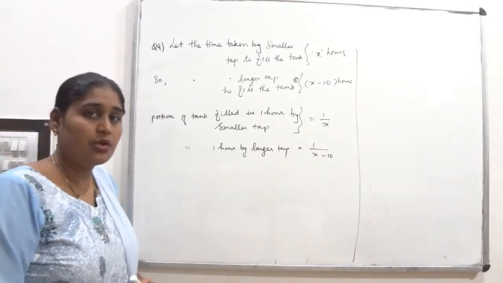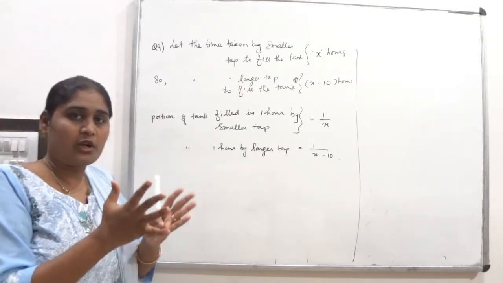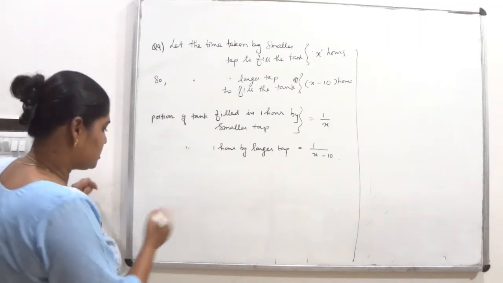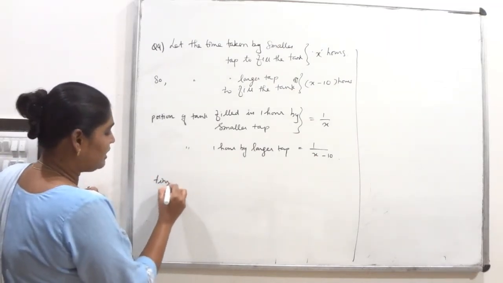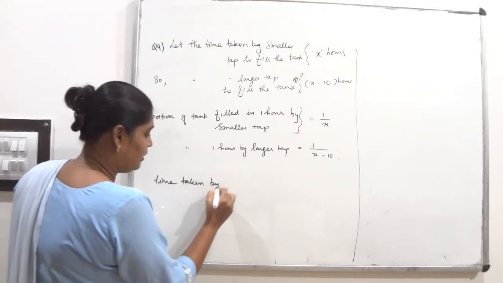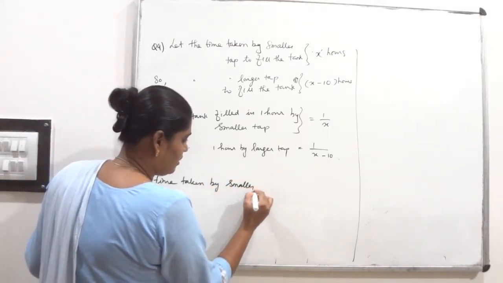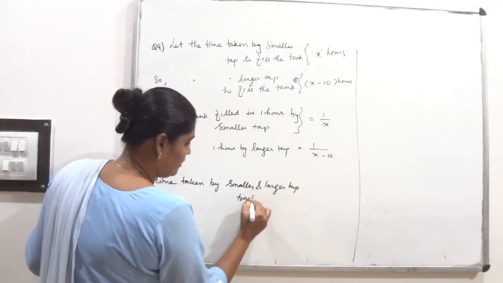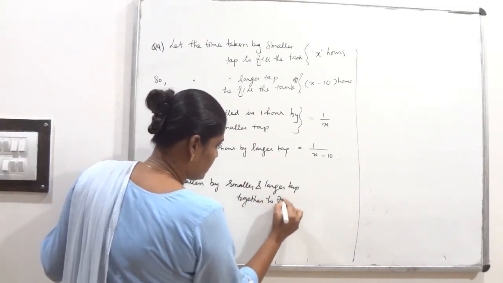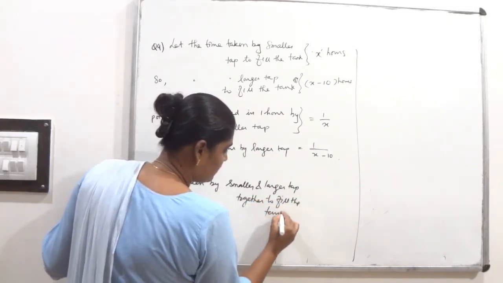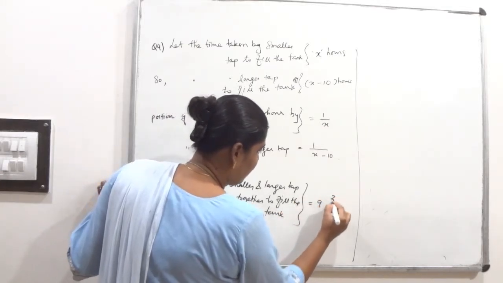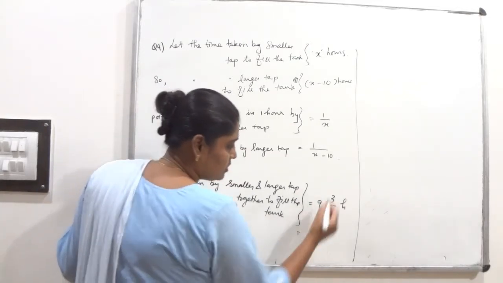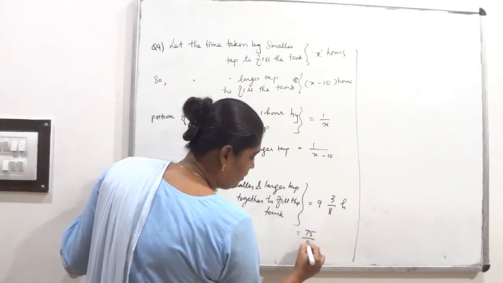In the question it is given that the larger tap and the smaller tap together fill the tank in 9 3/8 hours. So write it here: time taken by the smaller and the larger tap together to fill the tank is 9 3/8 hours. This I can write as 9 into 8, 72, plus 3, that is 75 upon 8 hours.